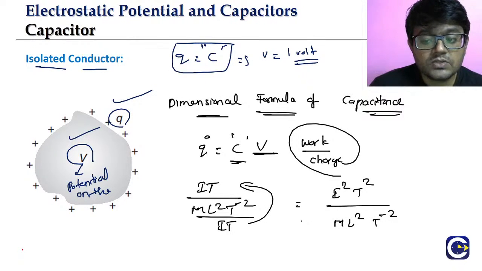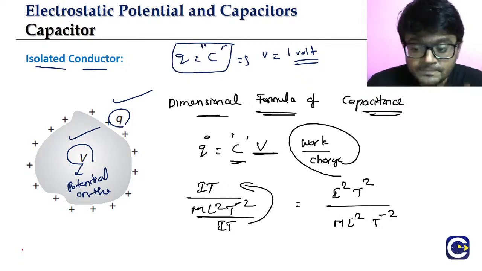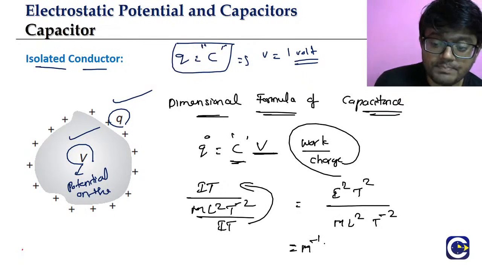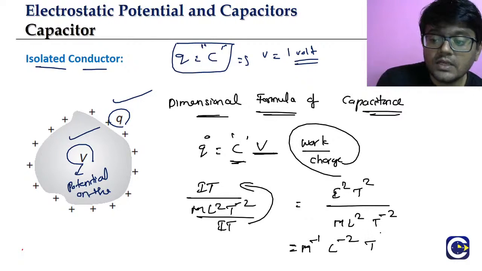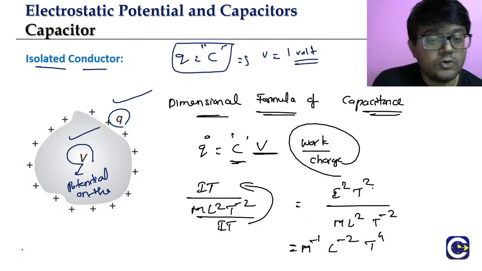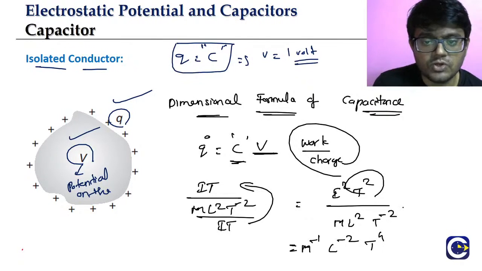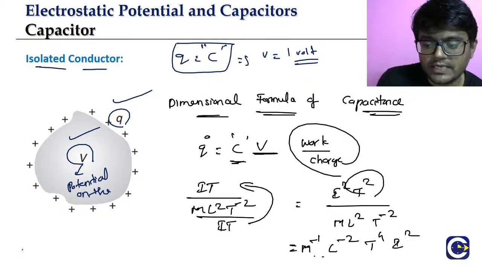This is the dimensional formula, and we simplify it. M power minus 1, L power minus 2. The numerator already has T square, and the denominator has T power minus 2, so the numerator becomes T power 2, totally T power 4, into I square.